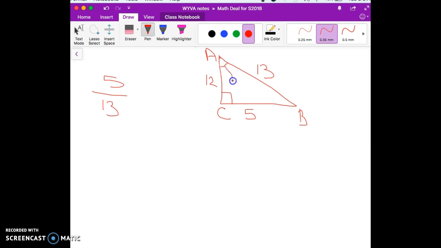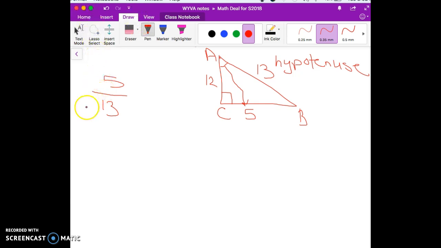We take the side opposite this angle A, and the hypotenuse, the 13. Remember, that's always the hypotenuse. We discovered that it is the same ratio for whatever that angle is.